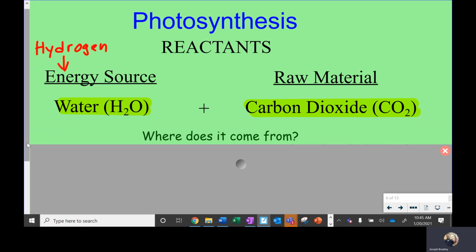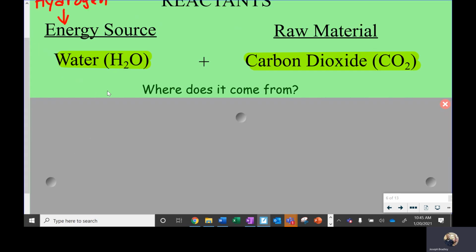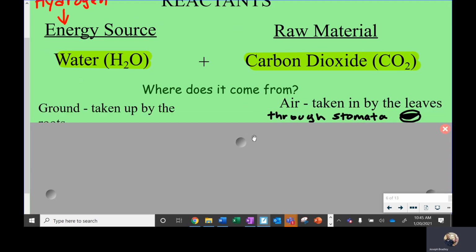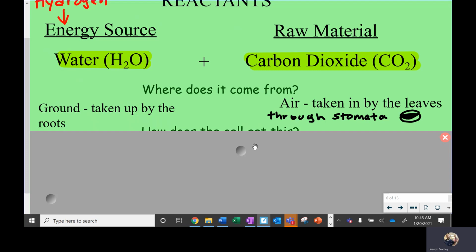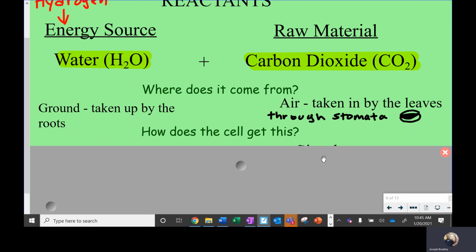So let's first talk about where it gets all these things. Water is an energy source, carbon dioxide is a raw material. Water comes from the ground, it's taken up by the roots, and CO2 is taken from the air through to the leaves through those little pores on the bottom called the stomata, which we drew in the cell unit.